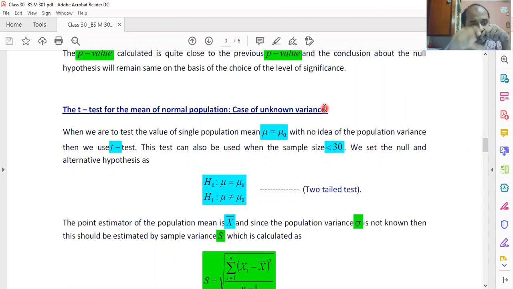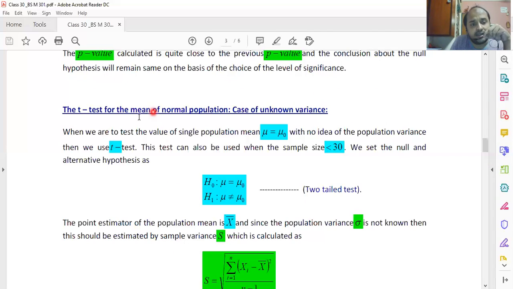The basic setup, that you set a null hypothesis, set a statistical tool, and then put your conclusions on the basis of your calculation, that basic algorithm will remain the same. What will change is the statement put under the null hypothesis and the statistical tool which will be used to do the calculation.